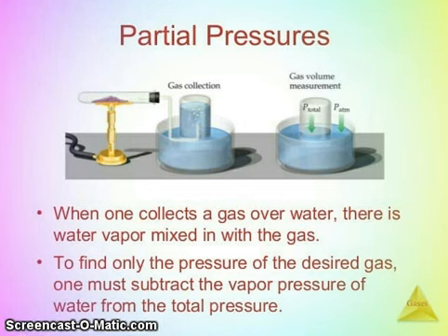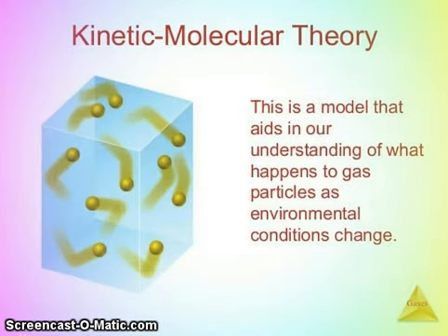To find only the pressure of the desired gas, one must subtract the vapor pressure of water from the total pressure. So, kinetic-molecular theory. This is a model that adds to our understanding of what happens to gas particles as environmental conditions change.